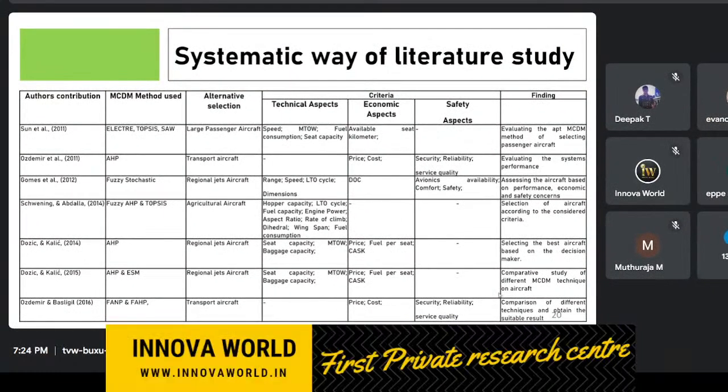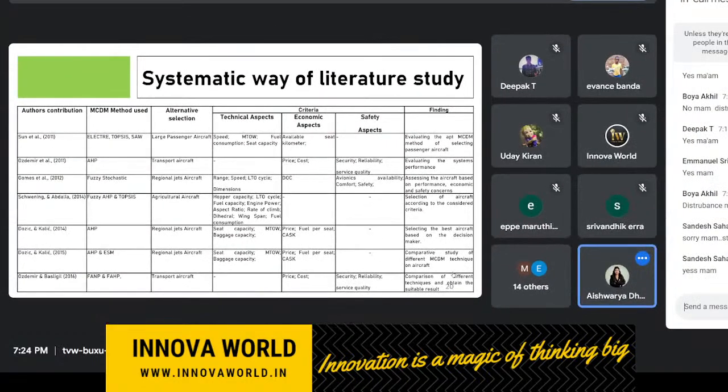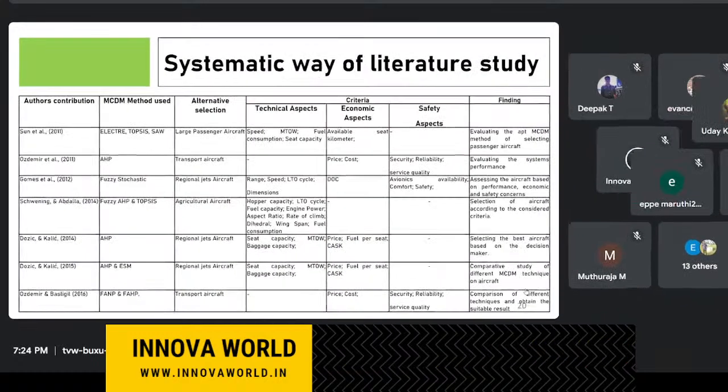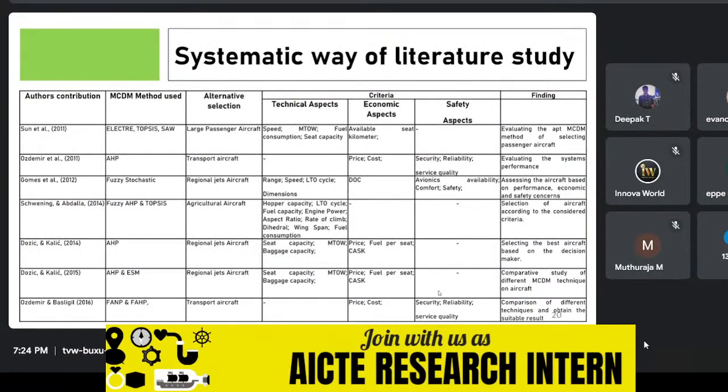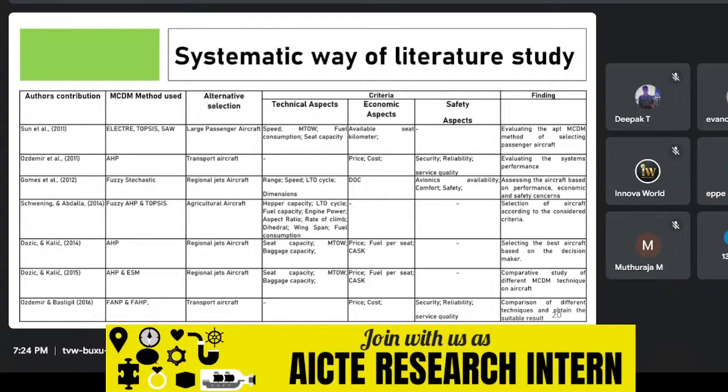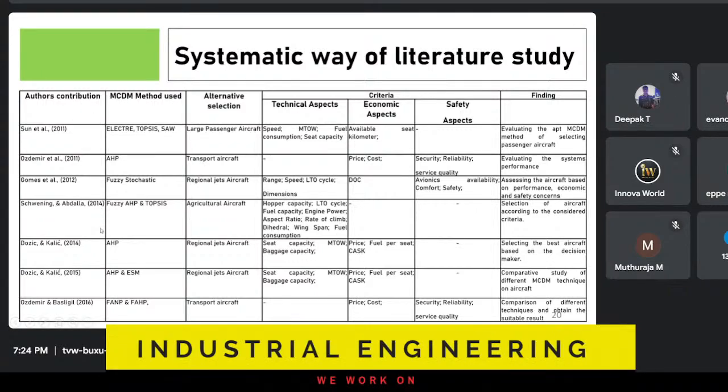Is it visible? Systematic way of literature study. Is this slide visible? Right. Okay.